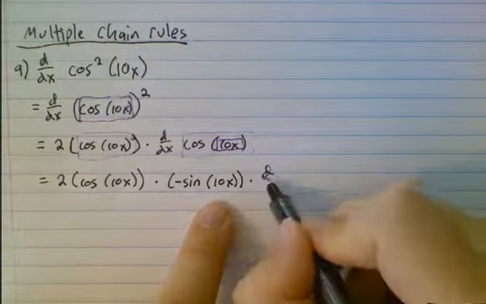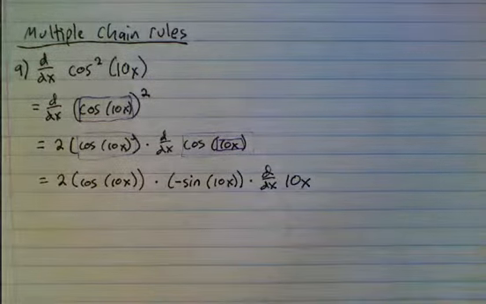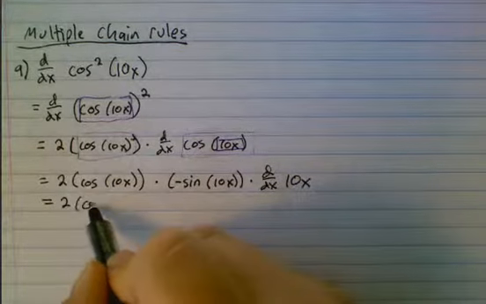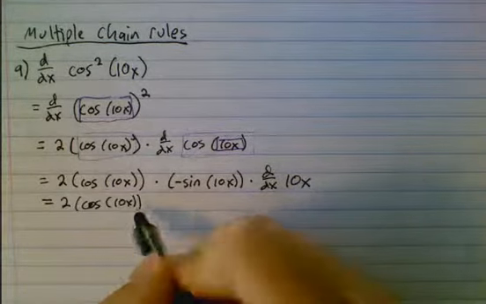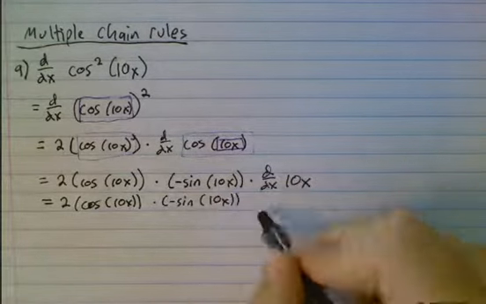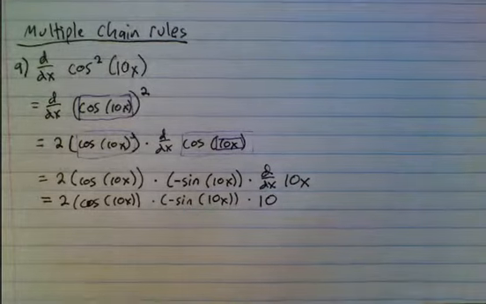And then we have to do the derivative of what's in the box again. So we've got 2 cosine 10x times negative sine 10x. Derivative of 10x is just plain old 10.